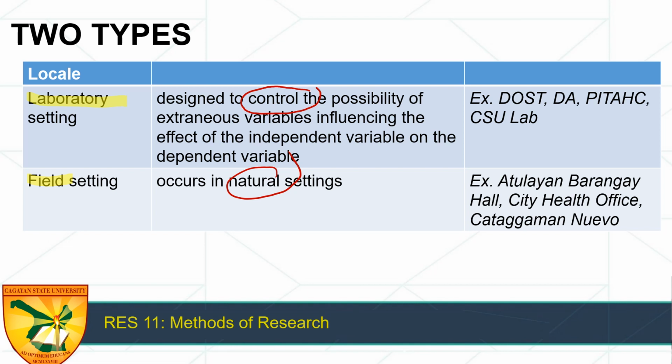So, for example, a laboratory setting is DOST, Department of Agriculture Service Labs, PTAC Animal House, and CSU Lab. For natural settings, it could be Atulayan Barangay Hall, City Health Office, Catagaman Nuevo, and anything that is not a controlled laboratory setting.